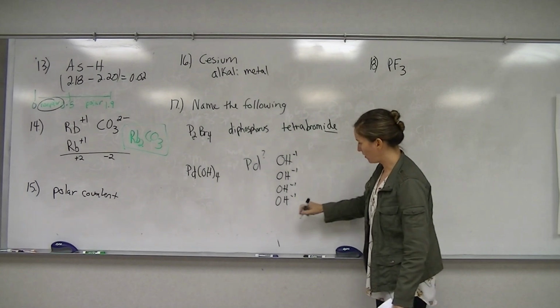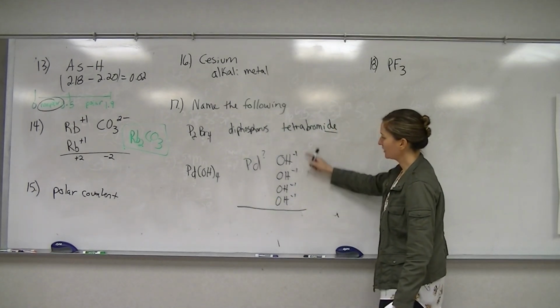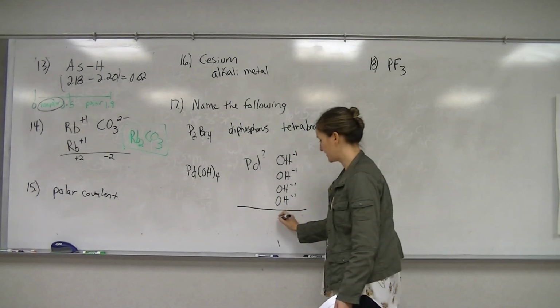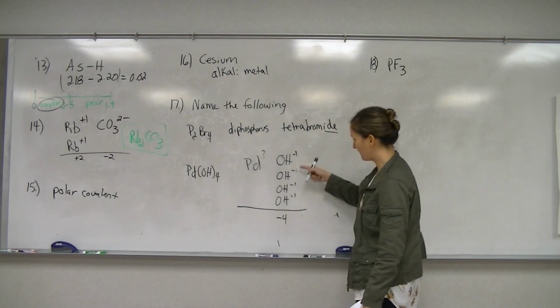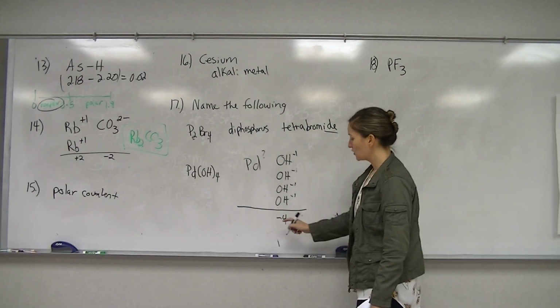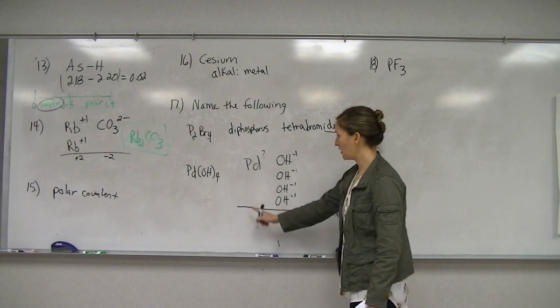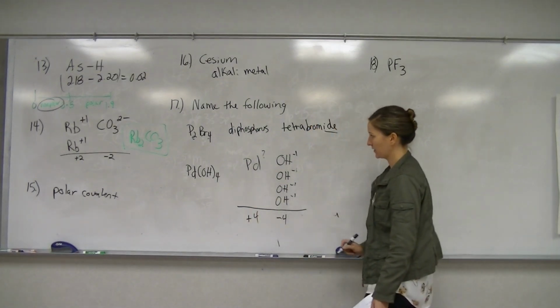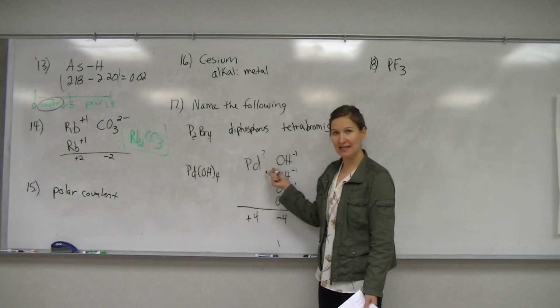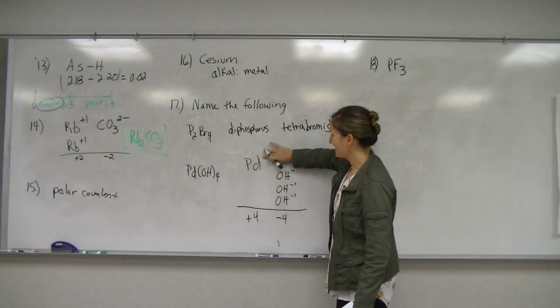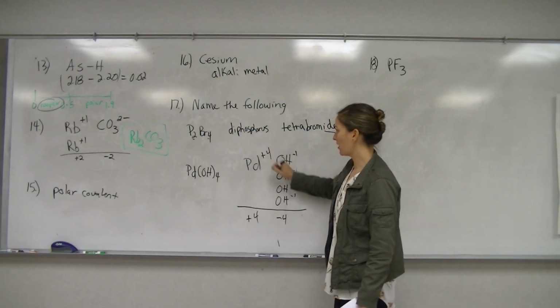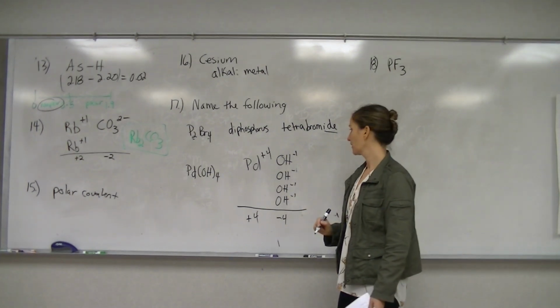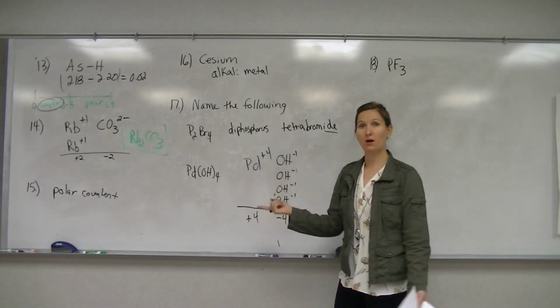So I'm going to draw 4. 1, 2, 3, 4. My total negative on the anion side is -4 because I have 4 of those ions. So in order for this compound to be neutral, I need a +4 on the cation side. I only have 1 palladium, so that entire +4 charge is on the palladium. So I have the palladium 4 ion.